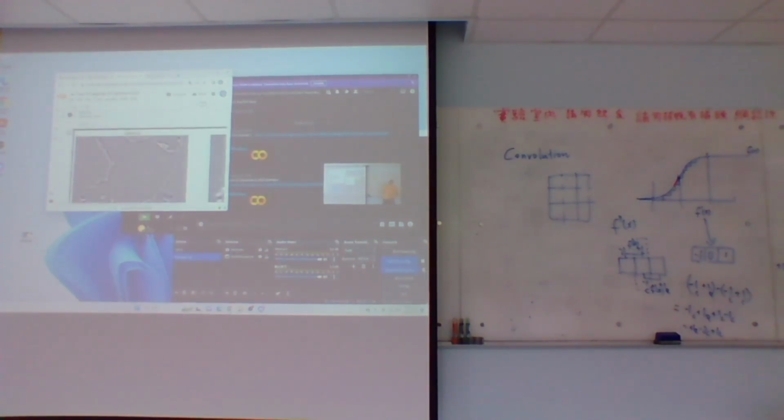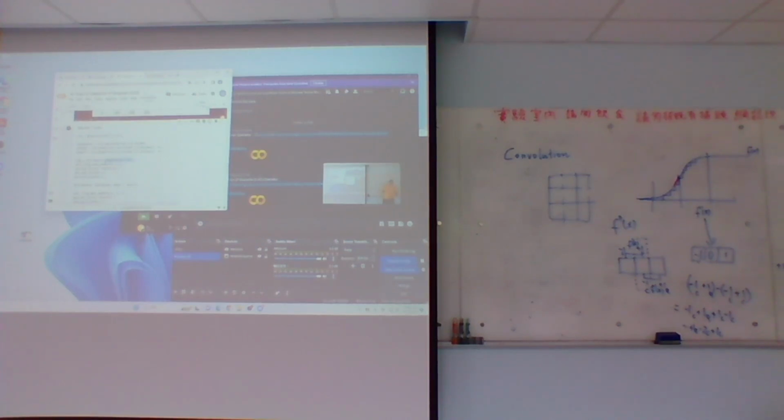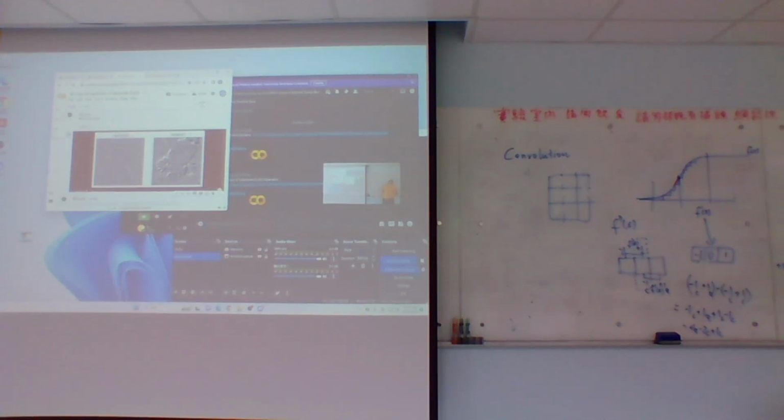So this would be the actual image, the Laplacian and the Sobel.